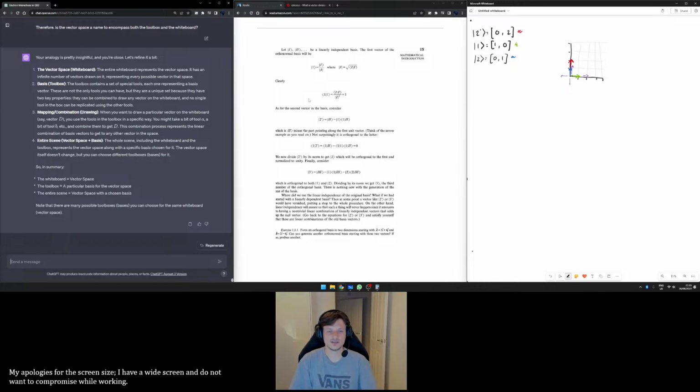Good, okay. So it says, where did we use the linear independence of the original basis? Well, we used it because, let I be a linearly independent basis. The first vector of the orthonormal basis will be.